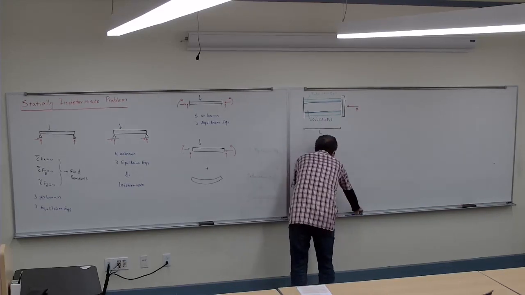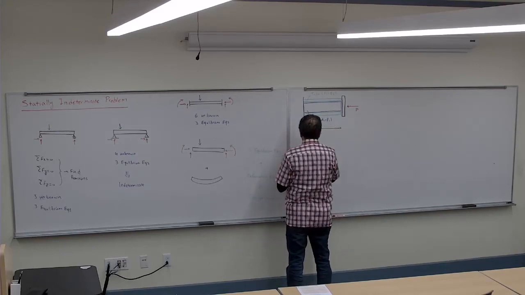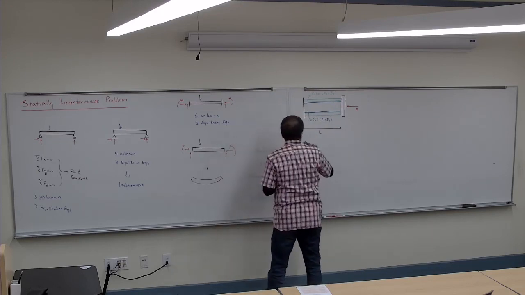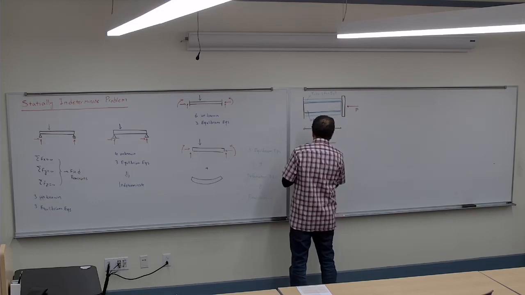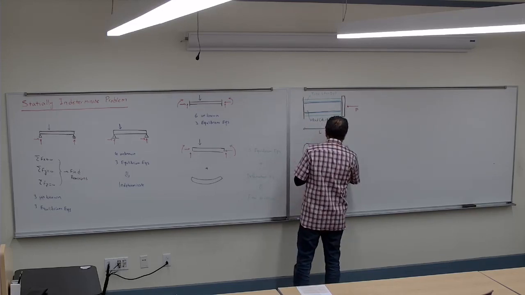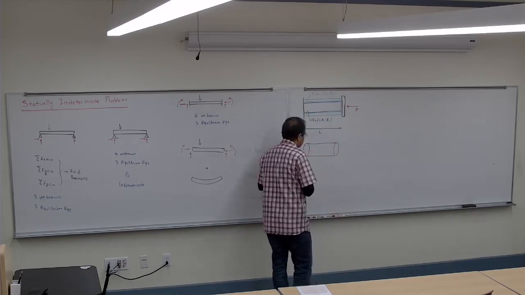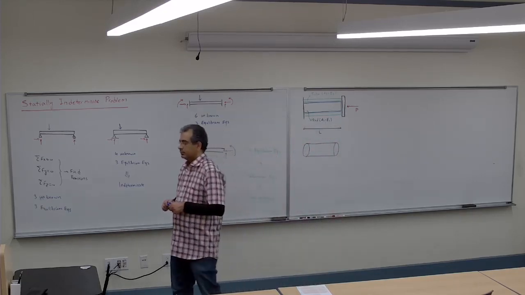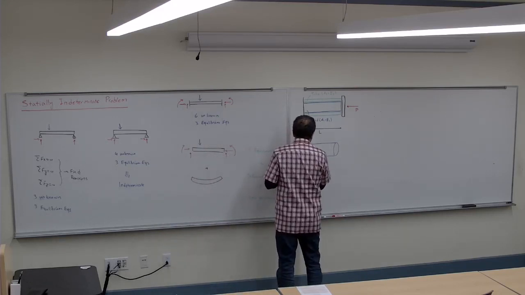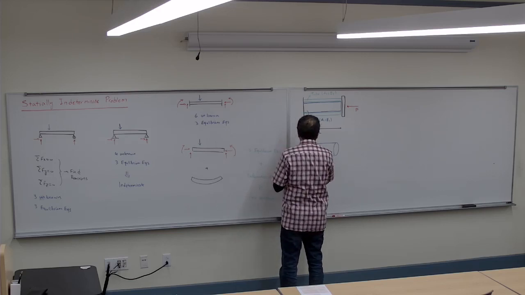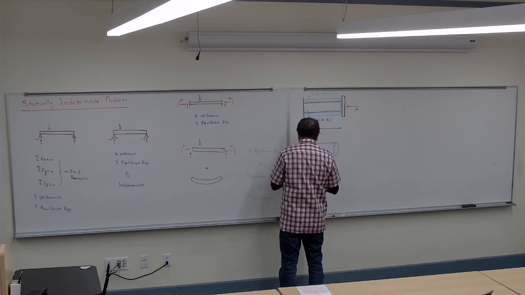consider the rod one. So the rod is going to look like this. That's the rod. Then we have the tube part.